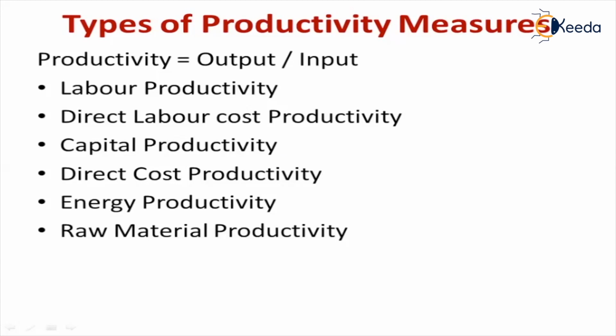So what are the types of productivity measures that we can use? You are going to measure the productivity, whether it is good or not. Number one, since we are talking about the resources, we are going to categorize these productivity measures in terms of resources. First one is labor productivity. How many labors are you going to use as an input to get the required output?